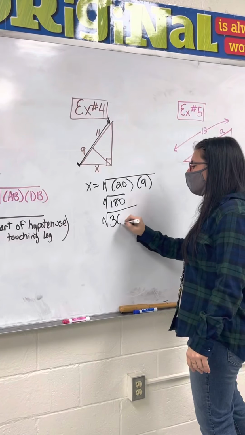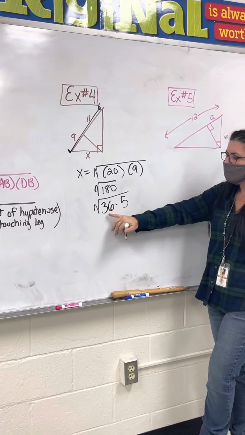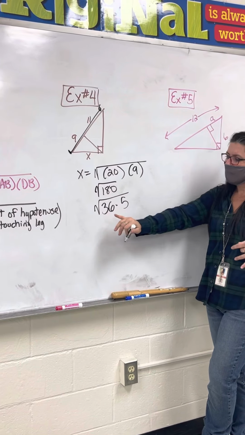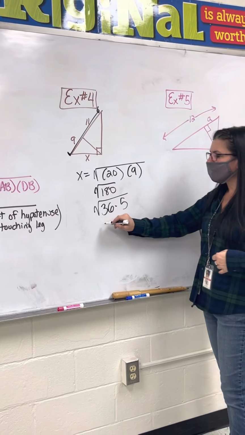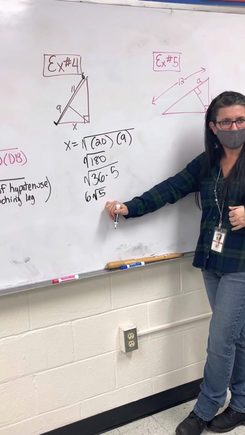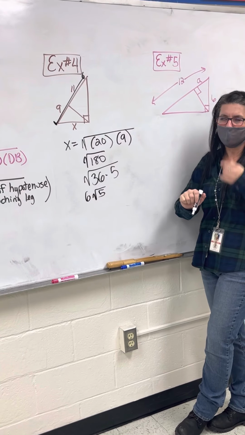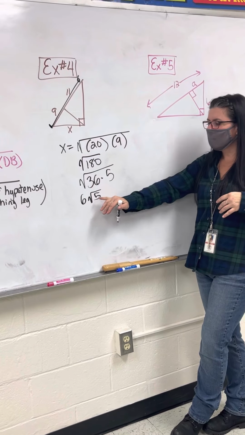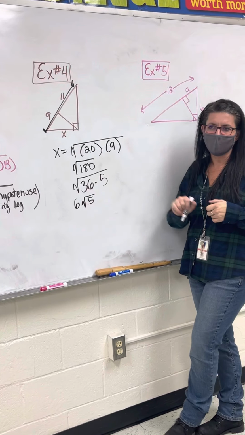So 36 times 5. 36 goes in evenly. We broke it down because 36 is a perfect square. When we square root 36, we get 6 on the outside. The 5 stays on the inside. This is simplest radical because there's no perfect square factors under the radical.